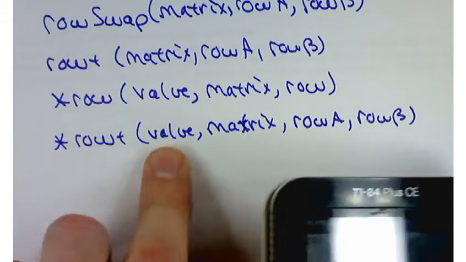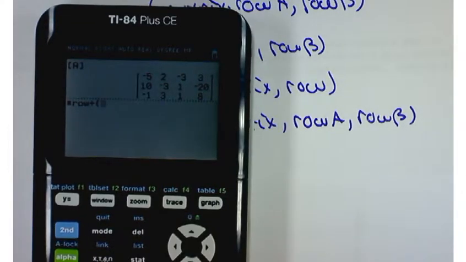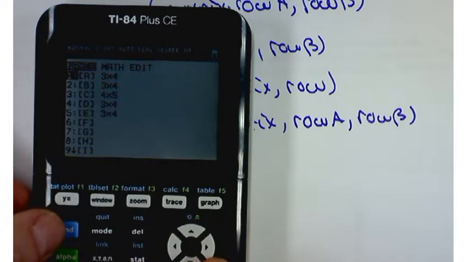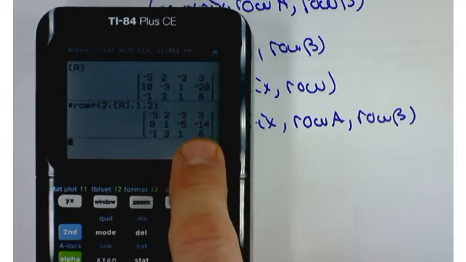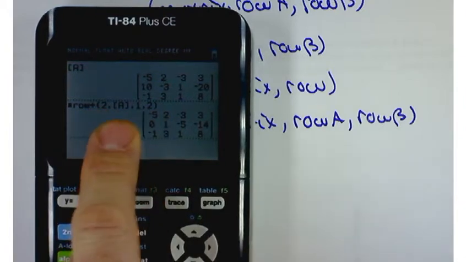It's the value, then the matrix, then row 1, and then row 2. So the value would be 2, comma, which is above the 7. Matrix, got to go back to this menu, comma, multiply row 1 and add it to row 2. Wow. A lot of work, and it also requires you to be familiar with the form of this command.